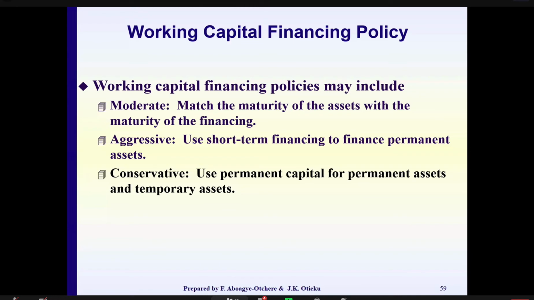If the maturity of the financing is shorter than the maturity of the assets, that is to say, when the financing is due, the asset has not matured, we say that it is an aggressive kind of working capital financing policy.